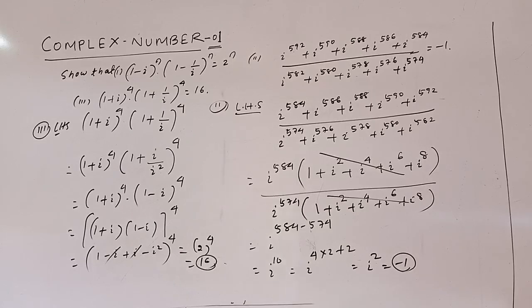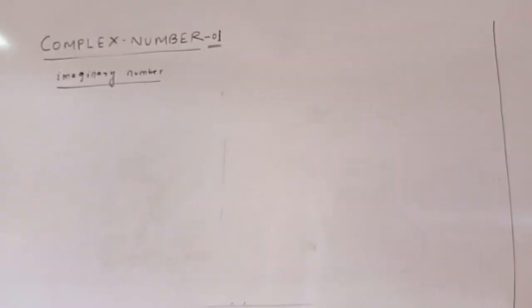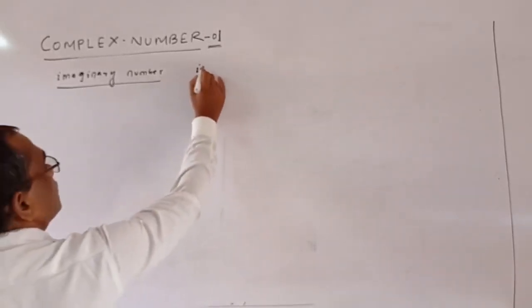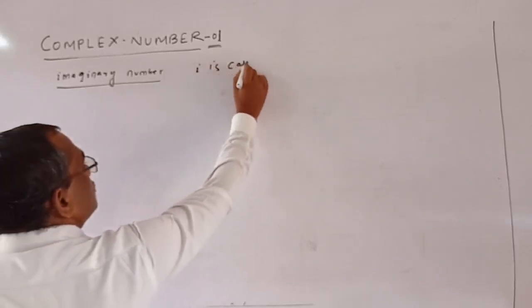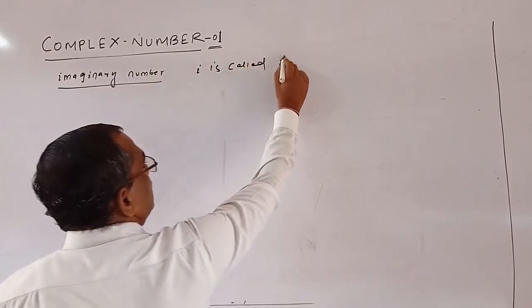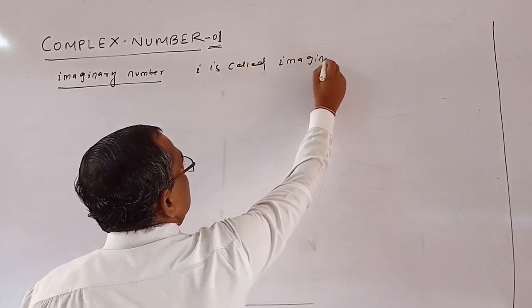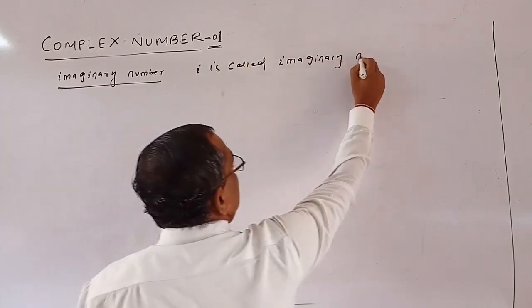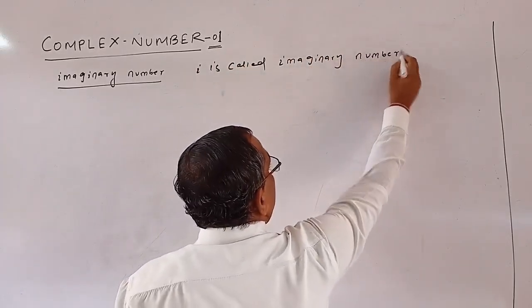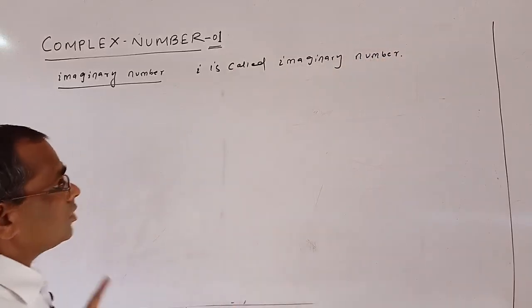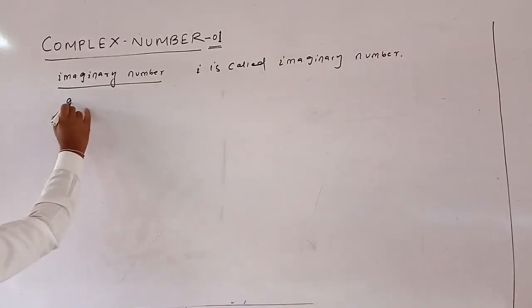Next, imaginary number. So i is called an imaginary number. Any multiple of i is also called an imaginary number.